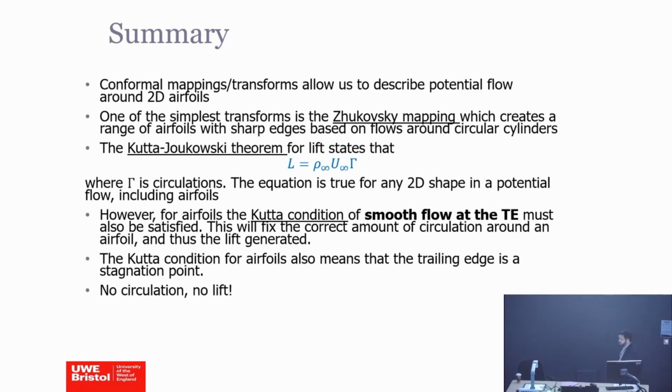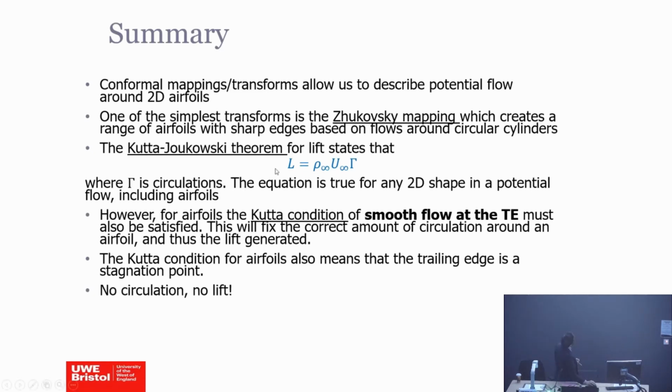One of the famous ones is the Joukowski mapping, which creates the Joukowski airfoils, which are usually quite thin, and they have a sharp trailing edge. Basically, if you want an airfoil with a lifting force, you start with a lifting flow around a cylinder, and you map it to a flow around an airfoil which produces lift.